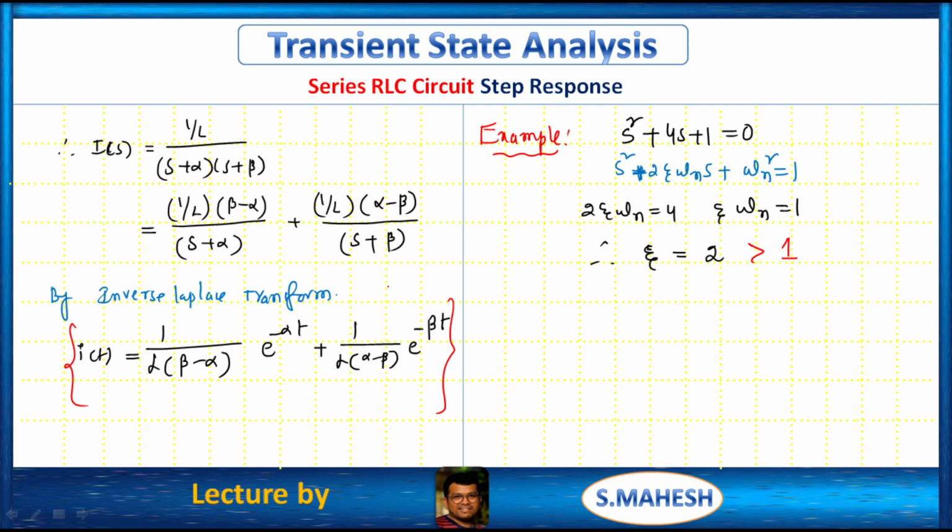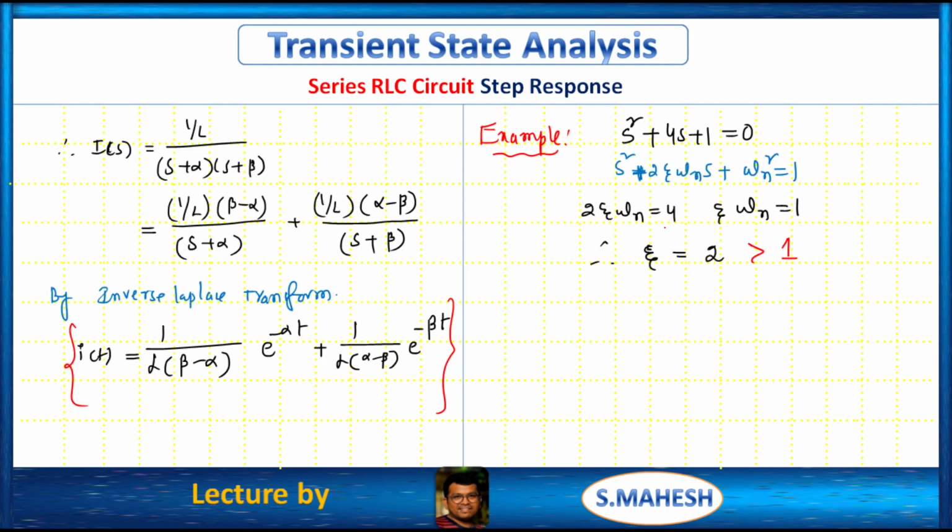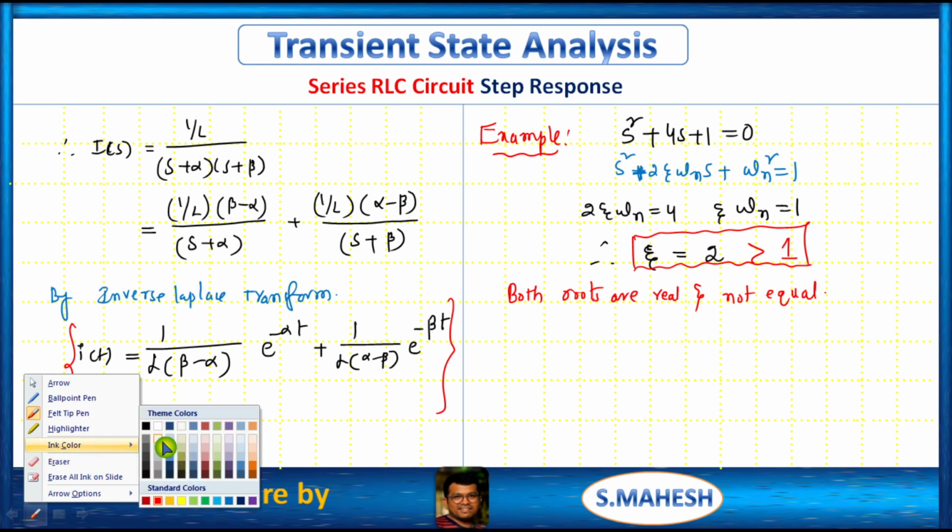Therefore, what is the nature of the poles? Both alpha and beta are real and not equal. Both roots are real and not equal. Let us check. How to calculate the roots? Simple.